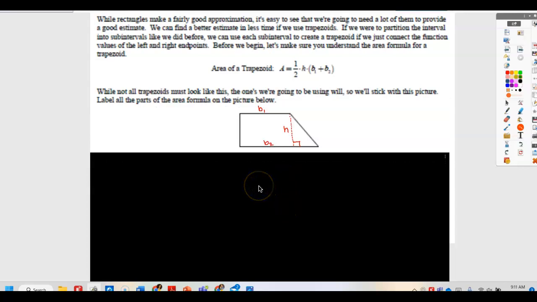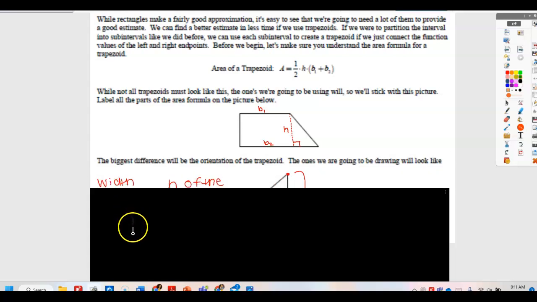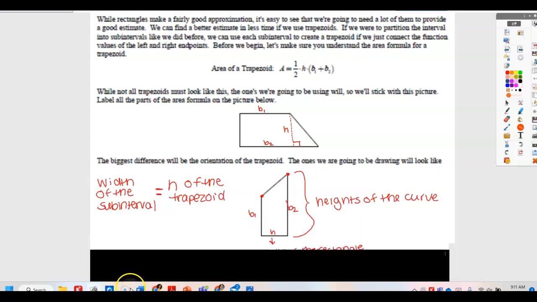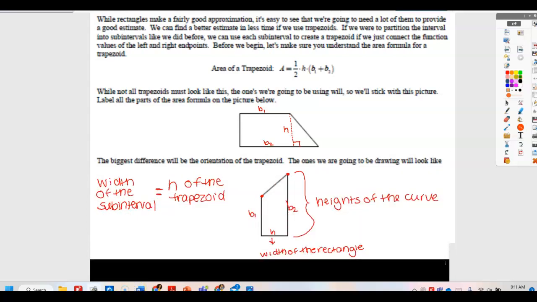A typical trapezoid is laying on its base, base 1 or base 2, however you want to label, and we use the height from the inside. So we're just going to rotate that 90 degrees so that we have our new trapezoid sitting up like this.